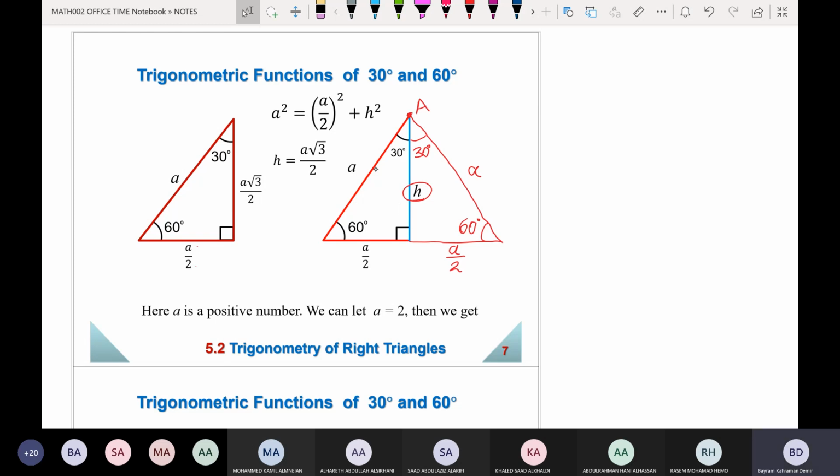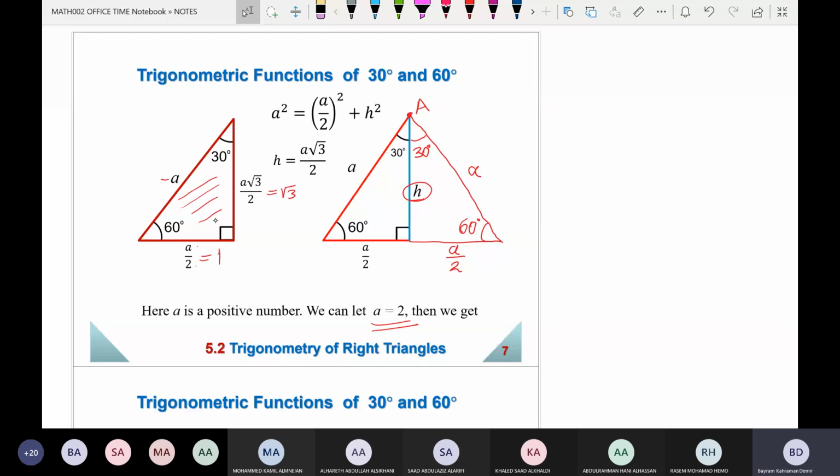So Shabab, we have this famous triangle here. And again, when you take the ratios, a will cancel, of course. So let's choose a as 2, to make it simple. Then you will get a over 2 is 1 here, right? And this will be root 3, if a is 2.